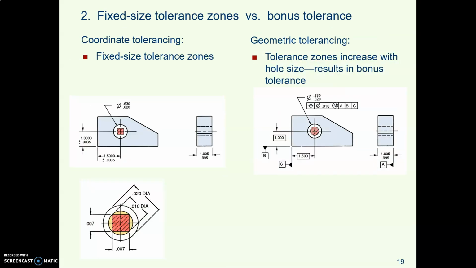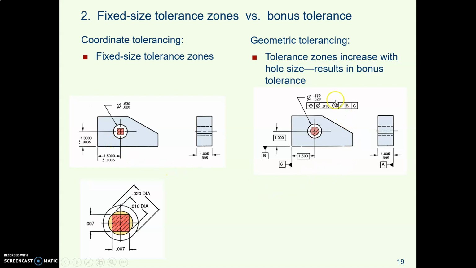A second advantage is that you get a bonus tolerance. So with a coordinate tolerance system with the plus or minus zone, this is the tolerance zone, that's all you get.